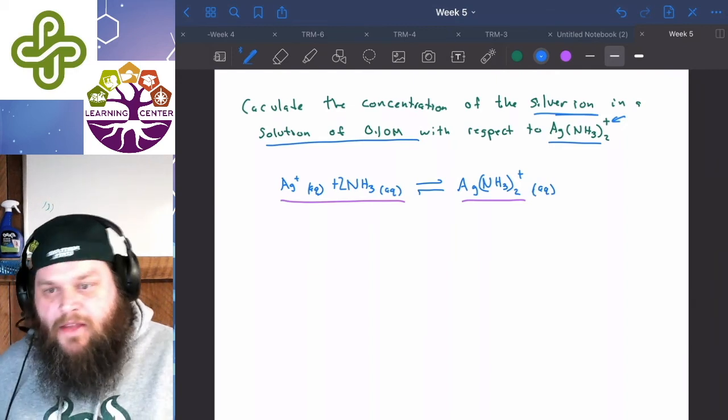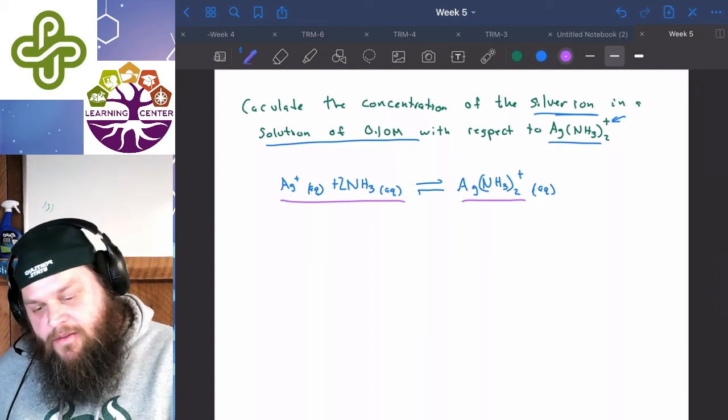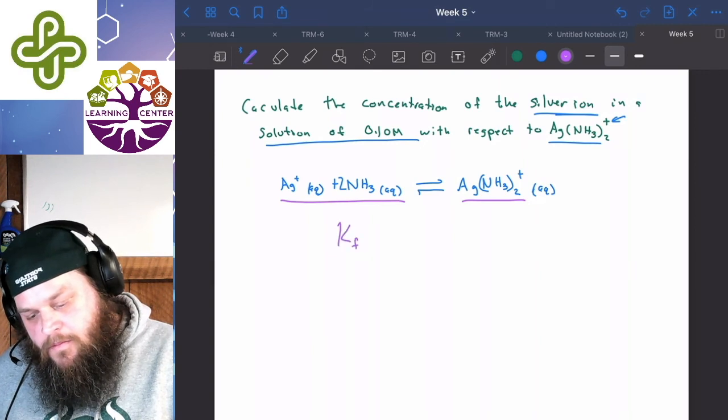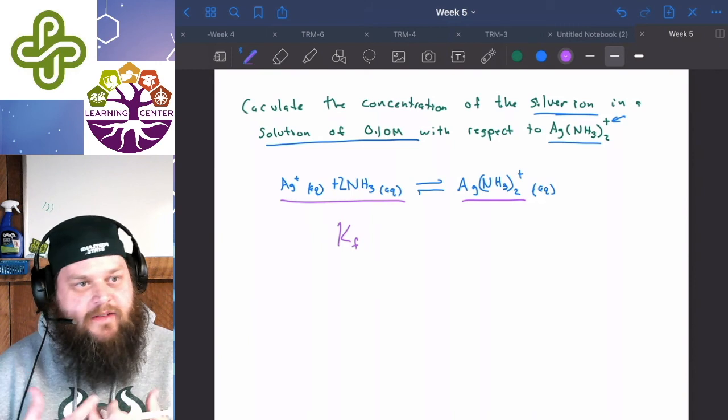So we can write the K of formation based on this now. The K of formation, and it's formation because we're creating this complex on the right side.